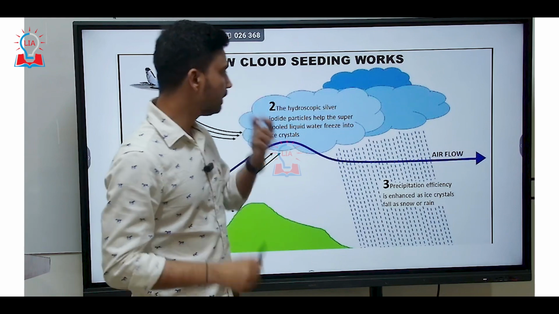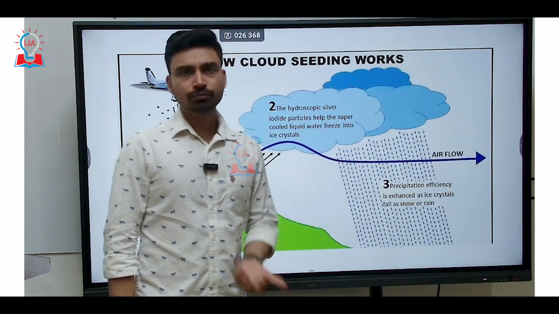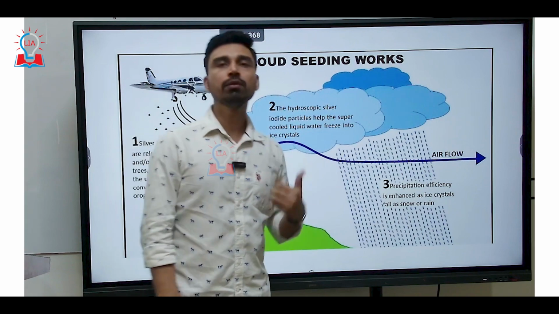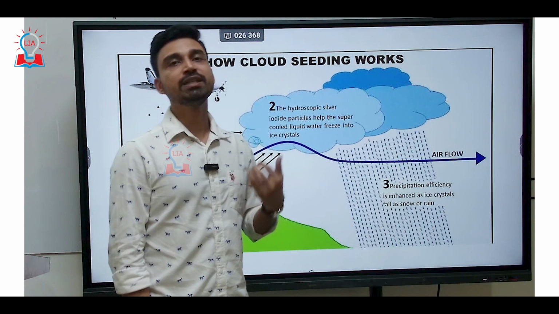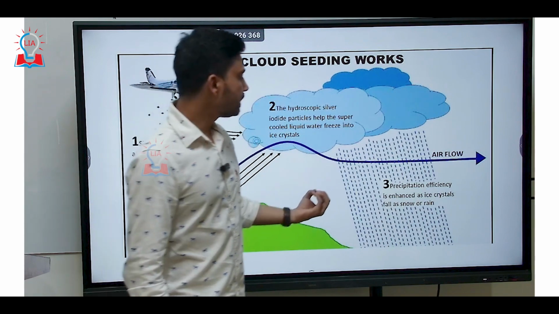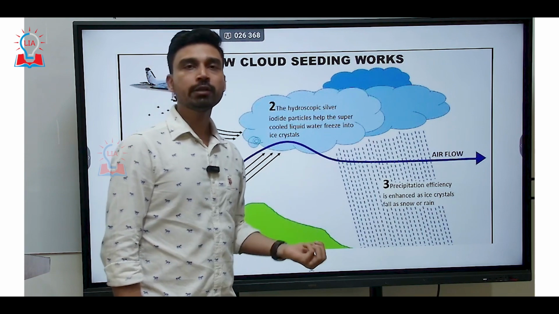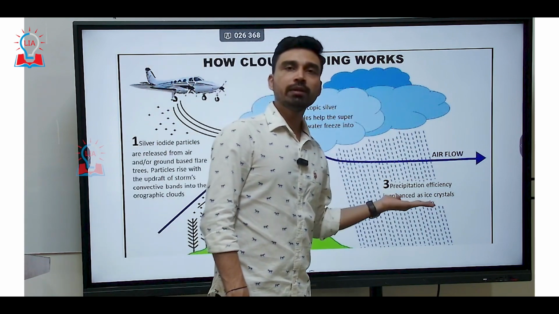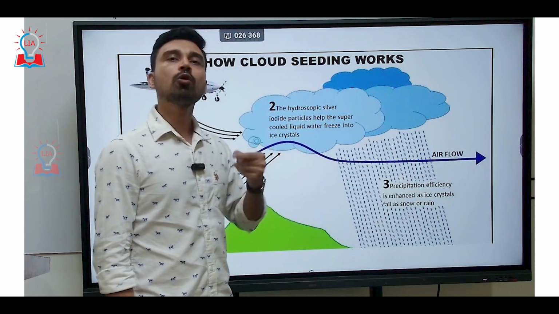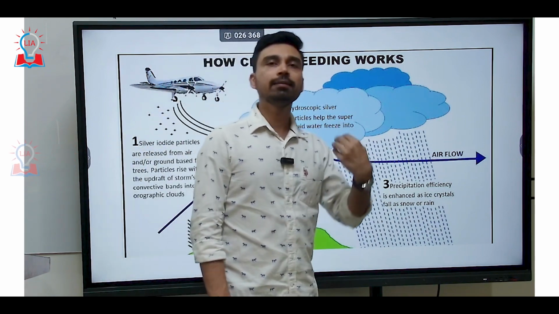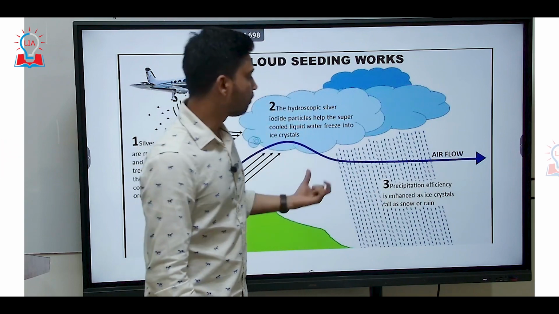And then finally, as the cloud density increases and the strength of the convective updraft decreases, gravity starts to pull the ice crystals that have formed in the cloud downward. As the ice crystals come downward, the temperature gradually rises above 0 degrees Celsius, which causes these ice crystals to melt, and the water droplets fall on the earth's surface in the form of rainfall.